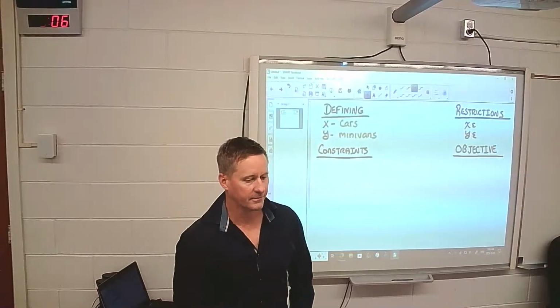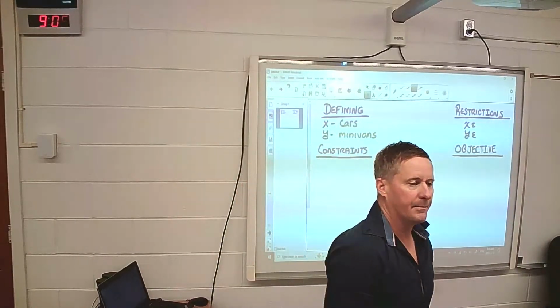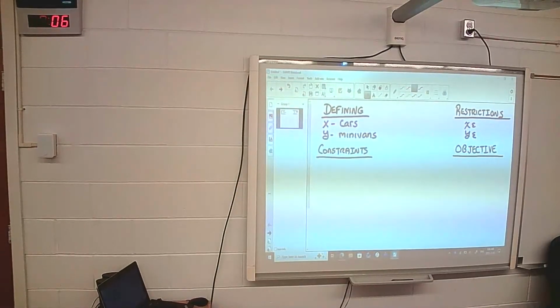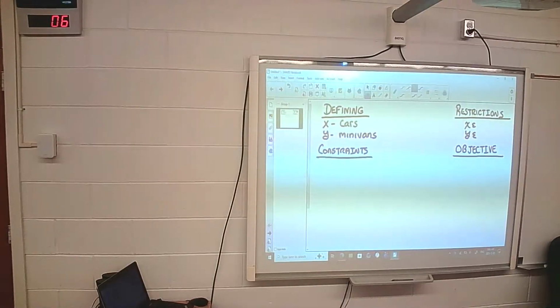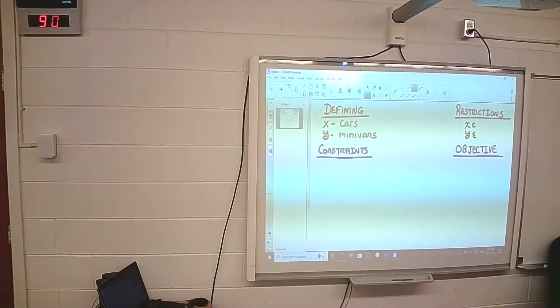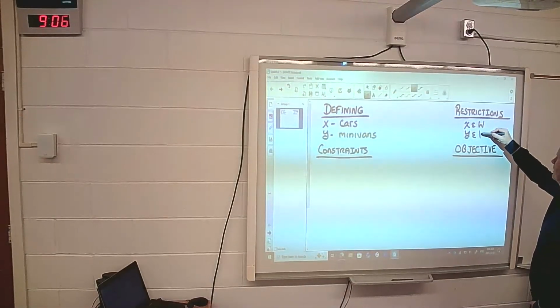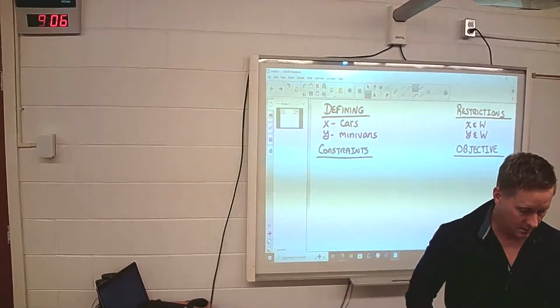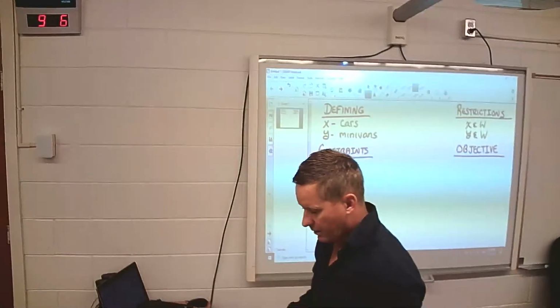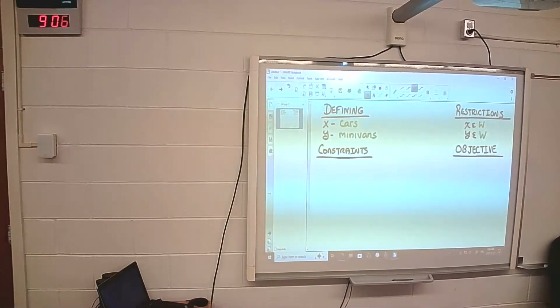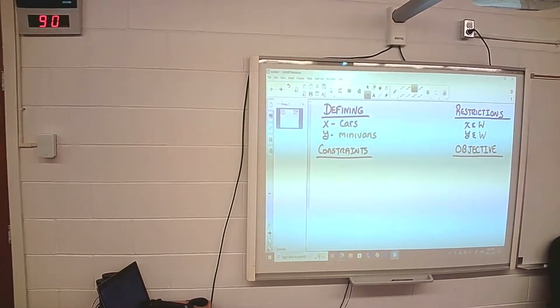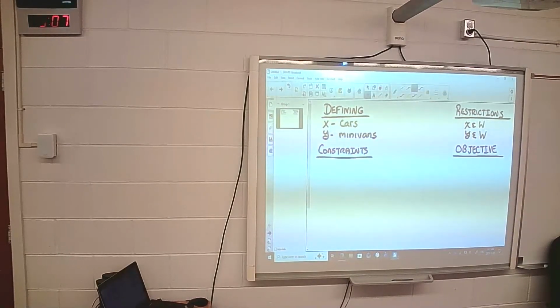Okay, simple enough. Can I have a part of a car or a part of a minivan? No. So what are my restrictions then? Whole numbers. Now, in theory, could this be natural numbers? Good question. What's a natural number?